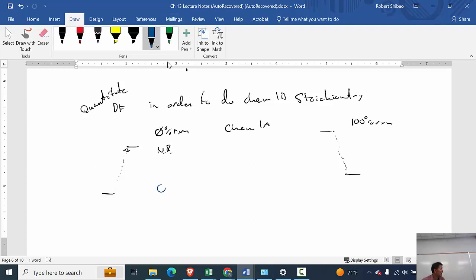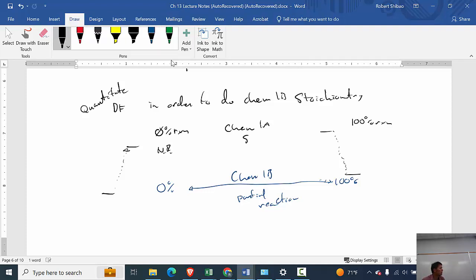Whereas in Chem 1B, it's going to be anywhere between 0% and 100%. And then everything in between. So these are what we call partial reactions. This is Chem 1B. And this is something we want to do. We want to do stoichiometry here.